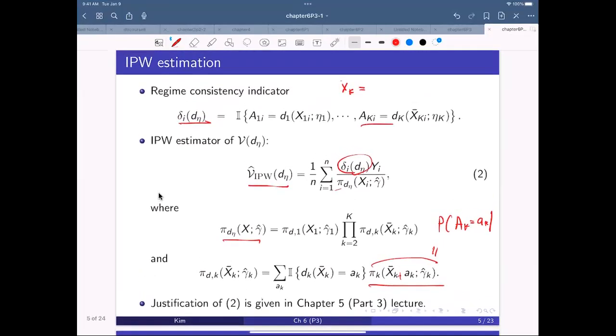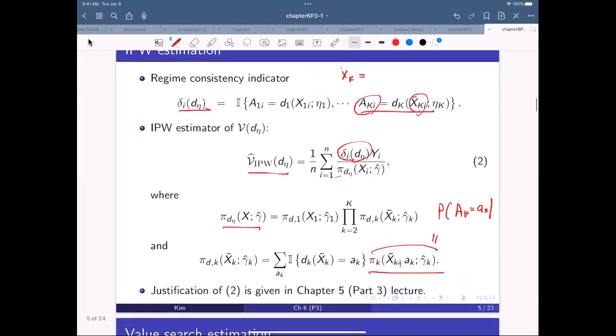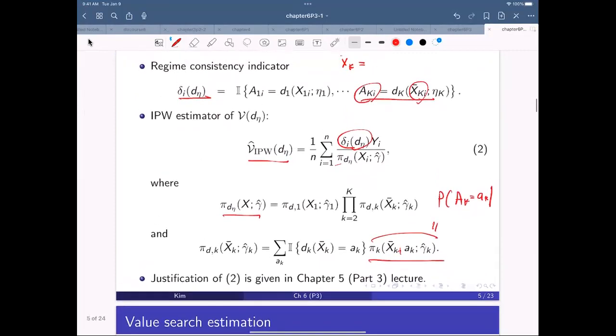I see. So this is actually, oh, sorry, nothing is wrong. I see. So A_k depends on X_k. Basically, A_k is determined using X_k. So there's nothing wrong.